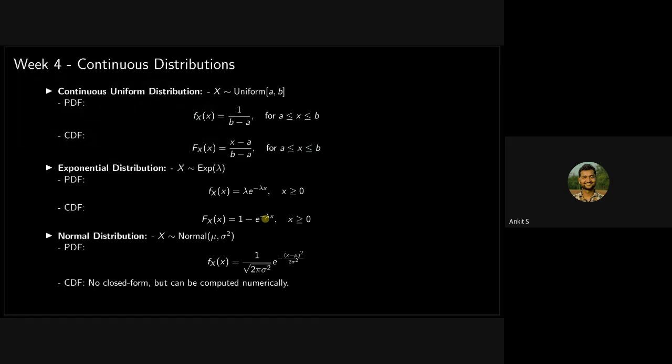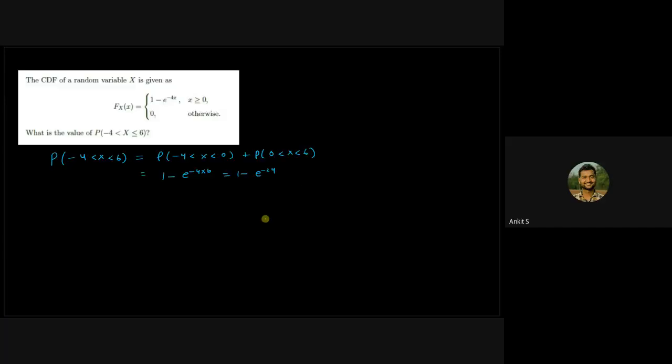Before going into the problems, do any of you have any doubts in this section? No, right? No, sir. Okay, so this is a very simple problem that I have chosen to solve here.